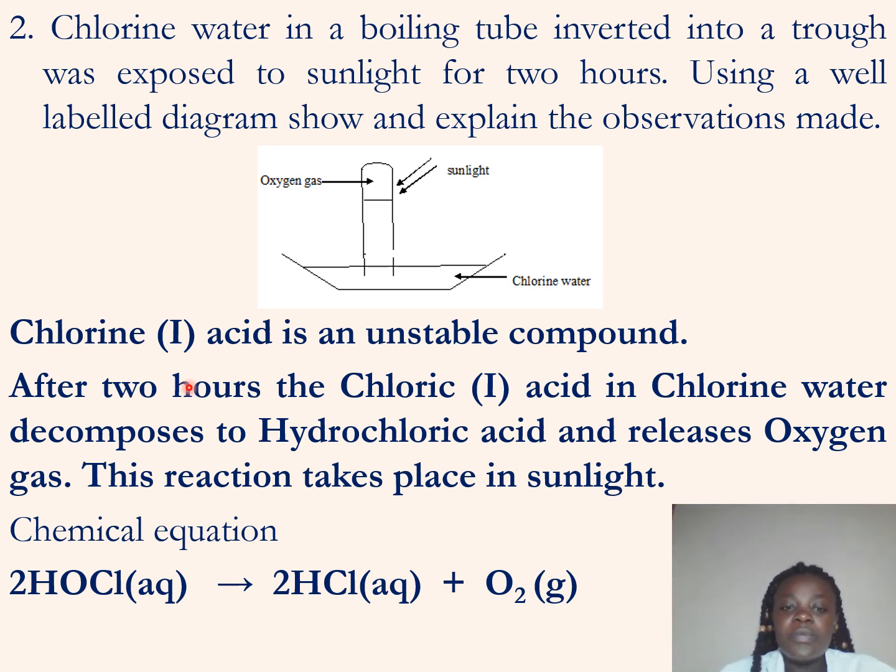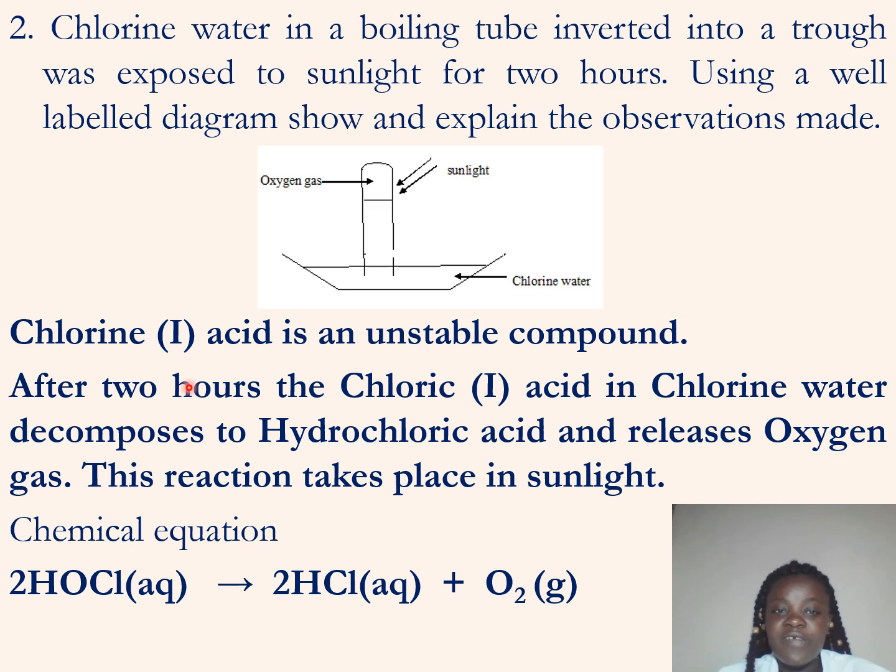So it will decompose to release two products. One is oxygen gas and also hydrochloric acid. So the chloric 1 acid decomposes and this only happens in presence of sunlight.